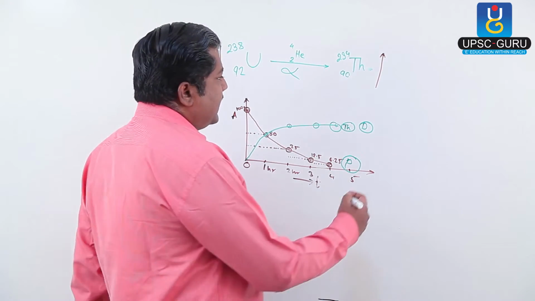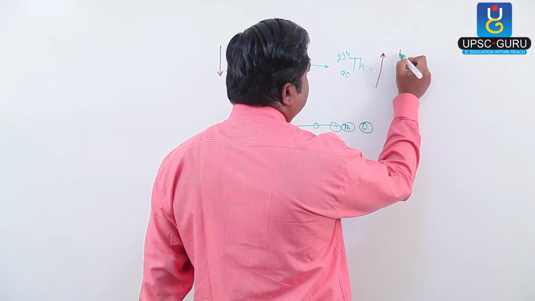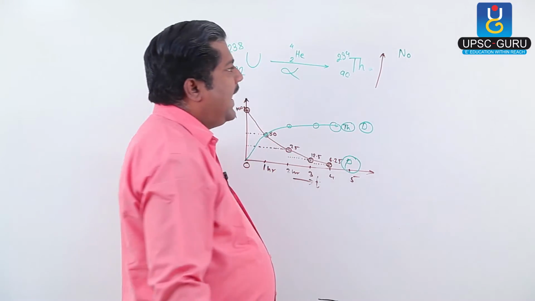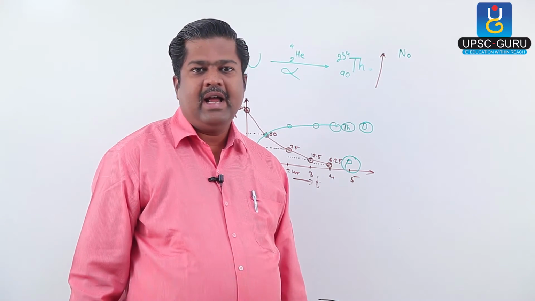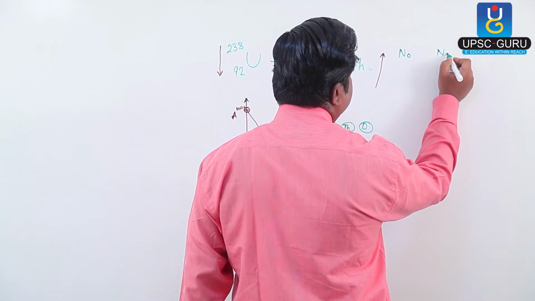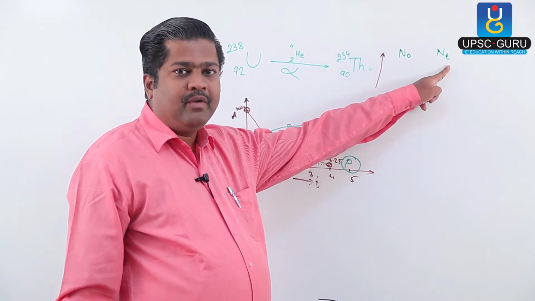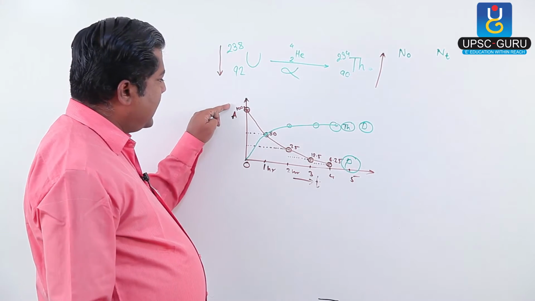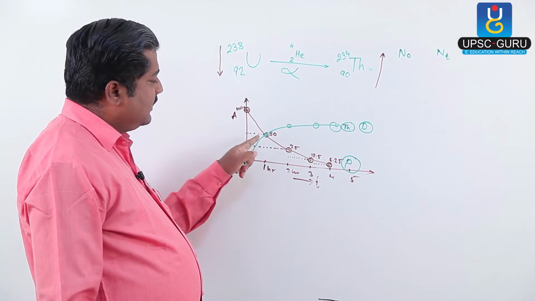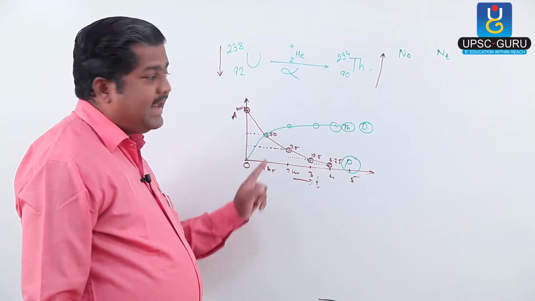Say my initial amount, I am showing here, I have to consider N0, that is N at time equal to 0. The final amount I have to say NT, that is the number of atoms at time equal to T. So here I should say N0 is 100, whereas NT, suppose I am saying here, then NT will be 50, like that.